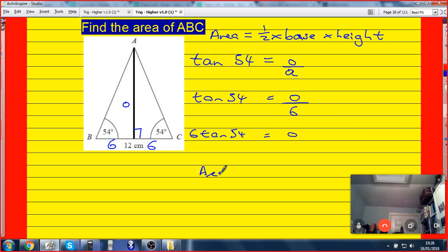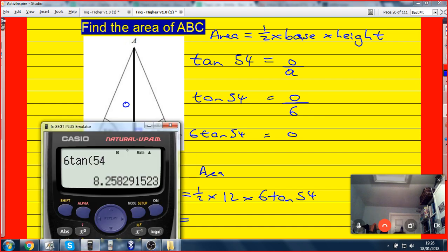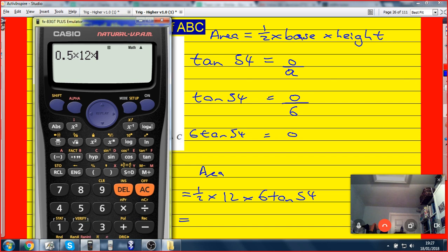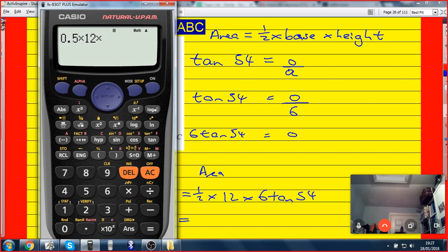So the area equals a half times 12, the base, times 6 tan 54. And we already put that in, so we can just do a half times 12 times answer, same thing. Let's put in 6 tan 54.